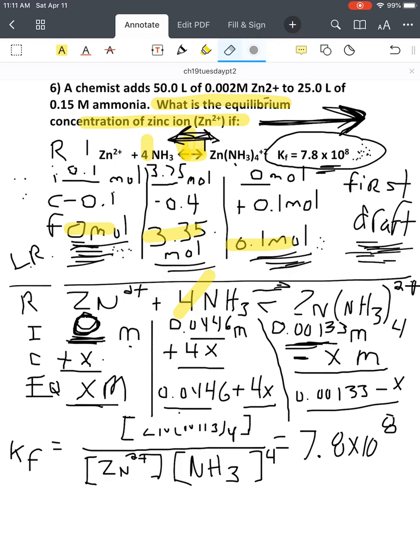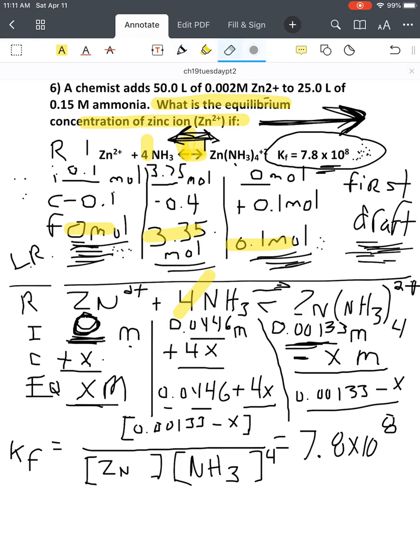Our Rice table is allowing us to start to do that. Now, we don't know what the molarity of this complex ion is, but I know from my Rice table that it should be represented by 0.00133 minus x. If I could figure out what x was, I'd know what that value was, right?